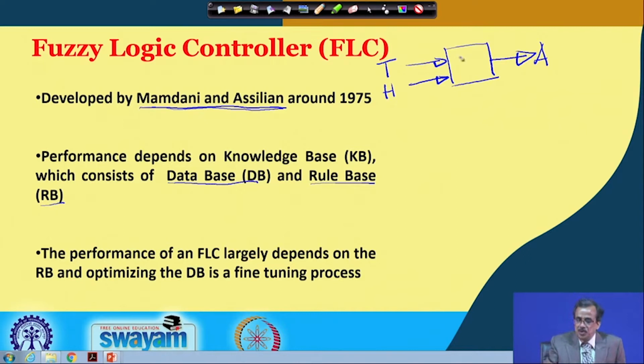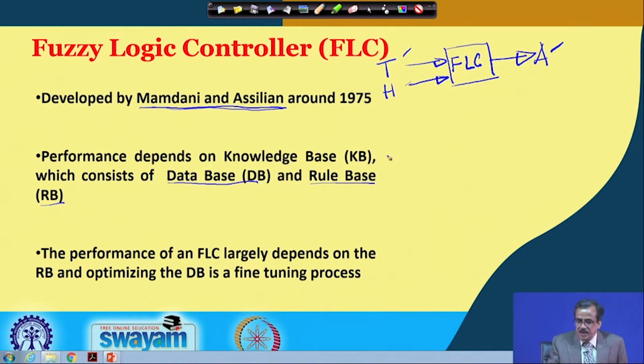if I want to design and develop one fuzzy reasoning based tool or fuzzy logic controller. So, here the inputs are the temperature and humidity inside this room, and output is nothing but the angle of valve opening for this air conditioner. What we do is we try to define some range for the temperature.